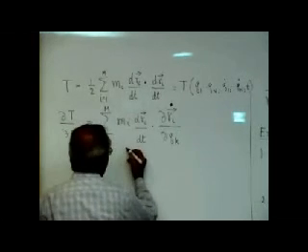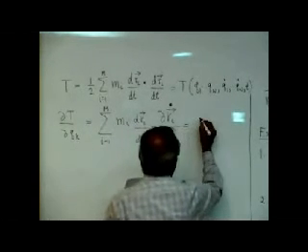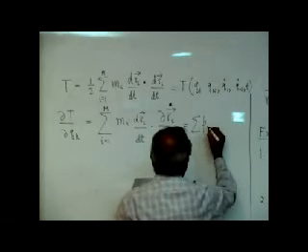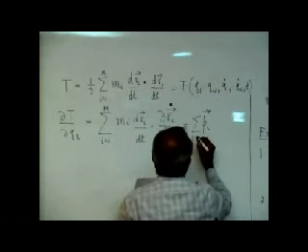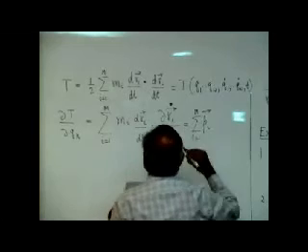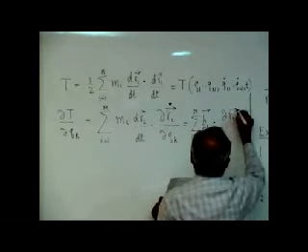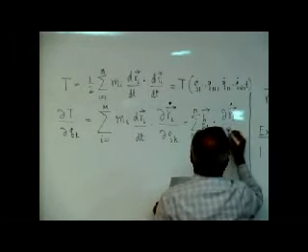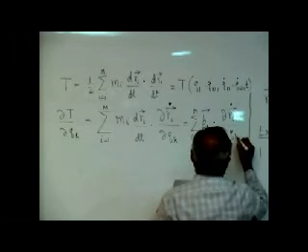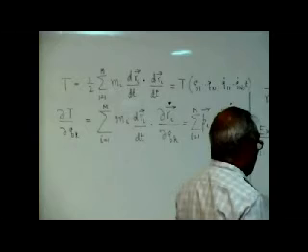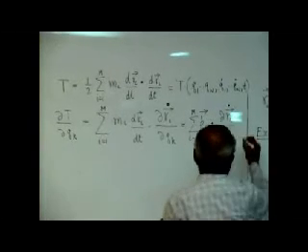But this is pi, so this is nothing but the summation of pi dot d ri dot. And this I'm going to call my equation number 6.